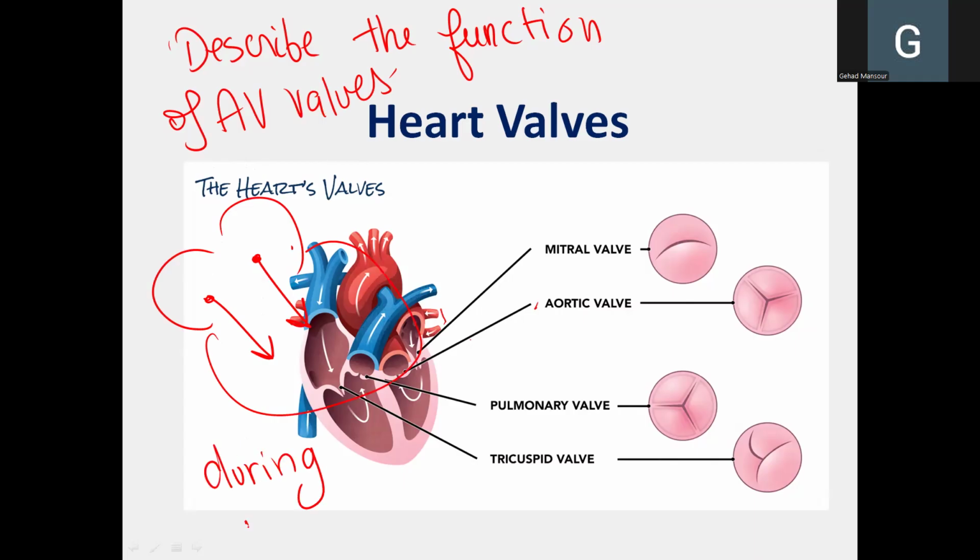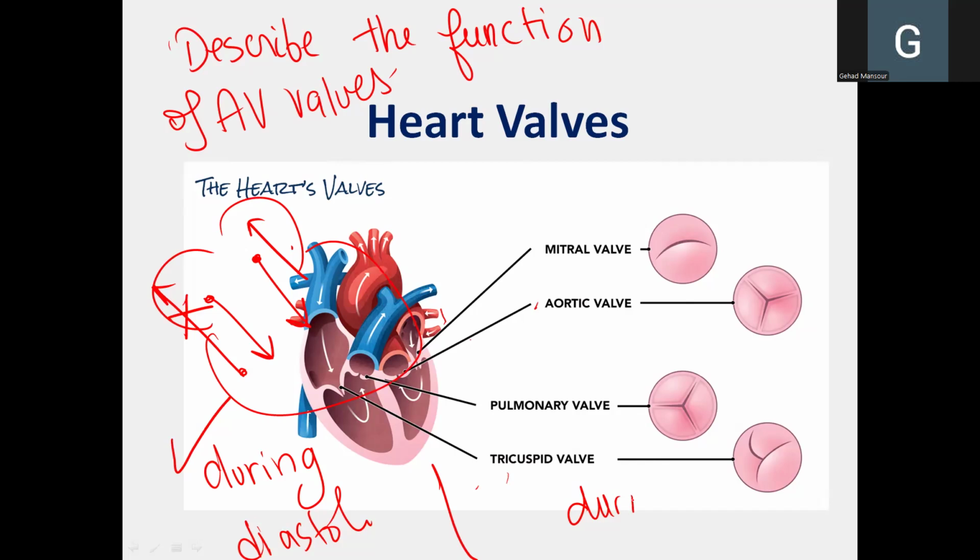This is very important, during relaxation of the heart, and they prevent backflow that might occur during systole.